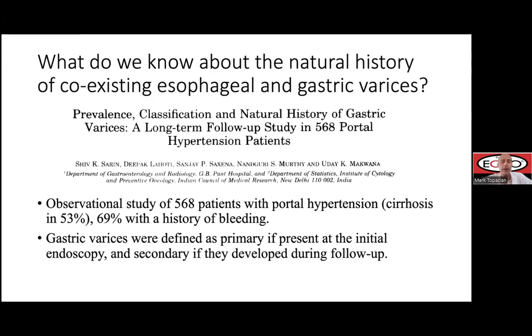It was an observational study of 568 patients with portal hypertension. Only a little over half had cirrhosis, by the way. The rest had other causes of non-cirrhotic portal hypertension. But the majority had a history of bleeding. In this study, gastric varices were defined as primary if they were present at the initial endoscopy, and secondary if they developed during follow-up.